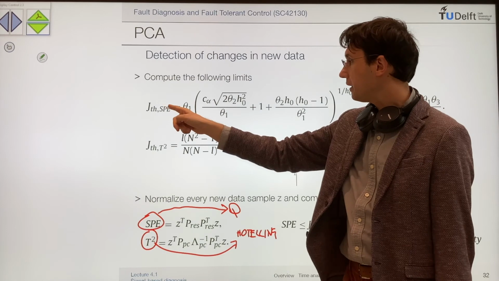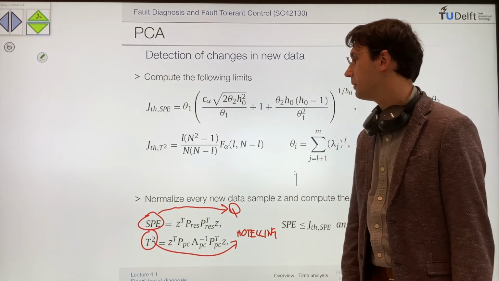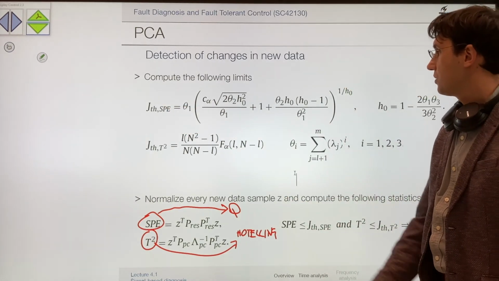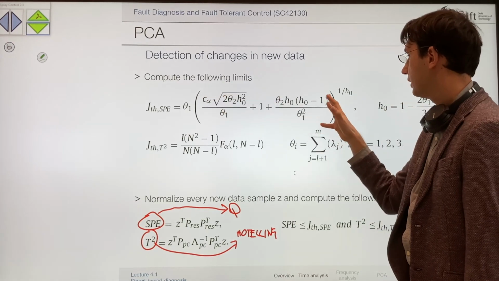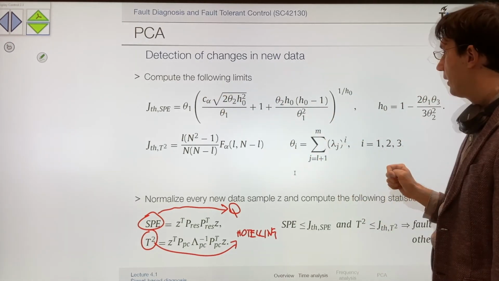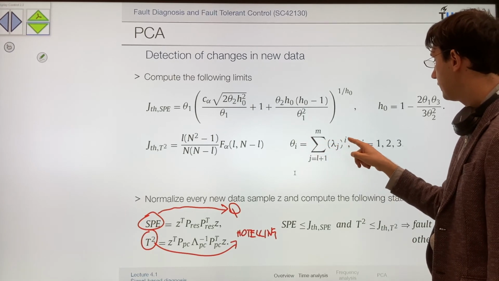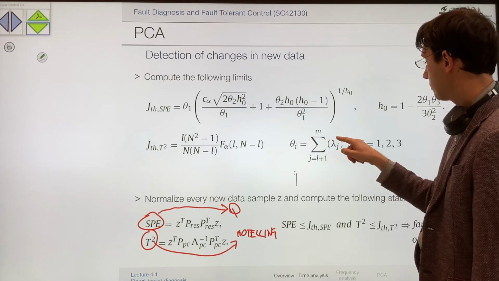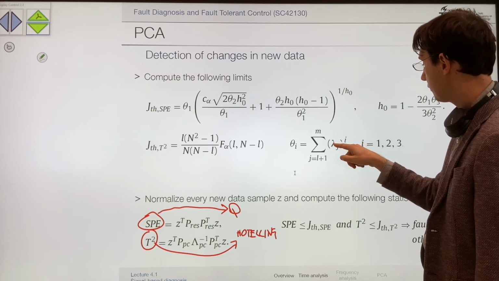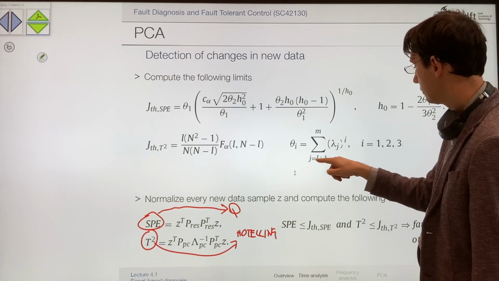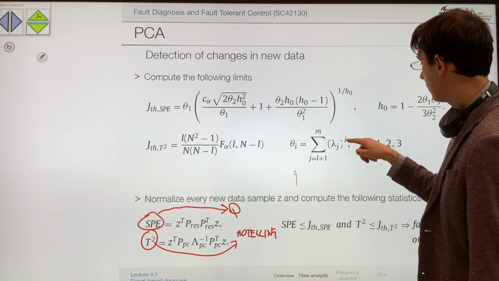For the SPE, well, the formula is a little bit involved. So you have a combination of these terms where you have theta 1, 2, and 3 that you obtain by these formulas. This is a summation of the singular values in the residual, because you see you start from L plus 1 to the i power.